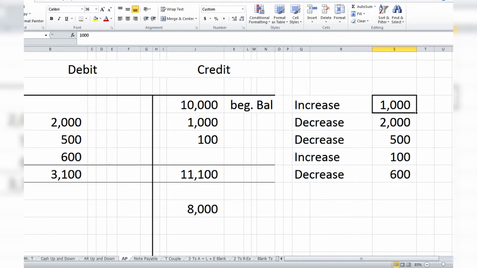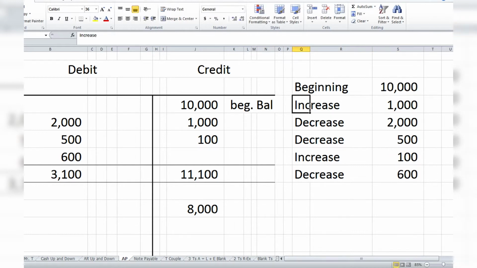How is that going to look in a running total? First, I'm going to add a beginning balance of 10,000, plus 1,000, minus 2,000, minus 500, plus 100, minus 600, equals 8,000.